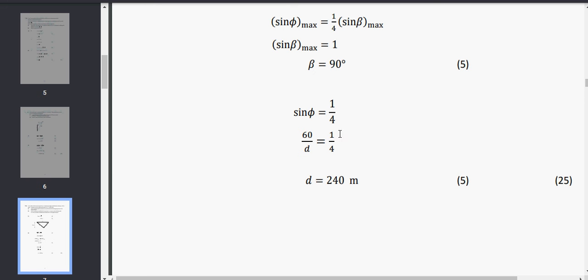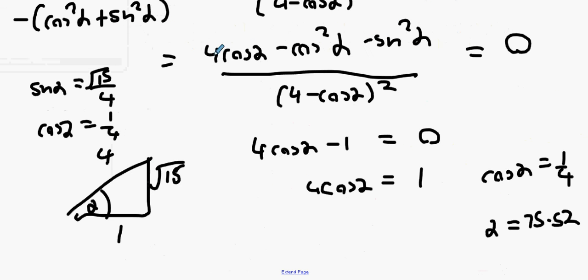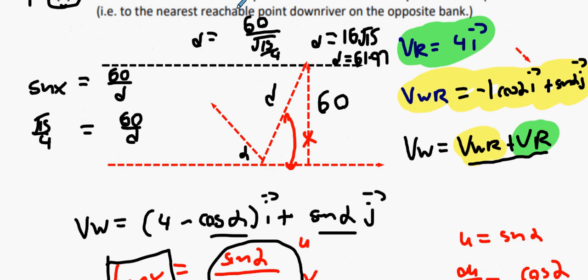We got cos alpha was a quarter, what they got. Alright, that's interesting. I'll do a quick scan to see what may have gone wrong. So, here's what I did wrong. See, alpha is 75.52. I got mixed up between alpha and x. This was 75.52. You get what I'm saying? But I haven't got angle x yet, do I?